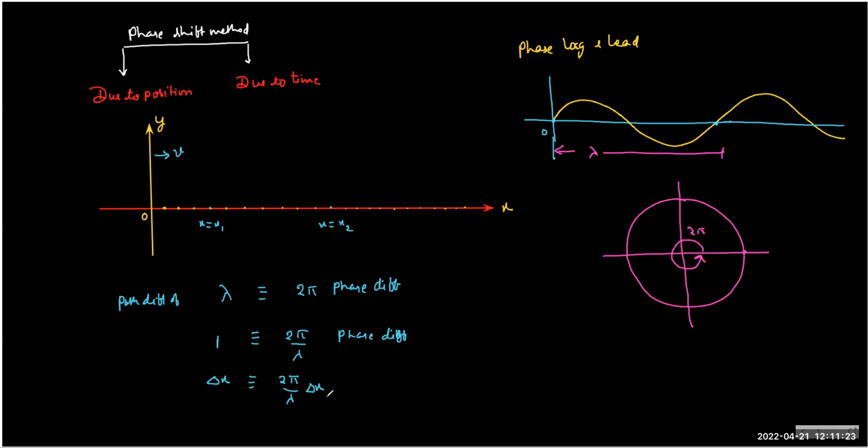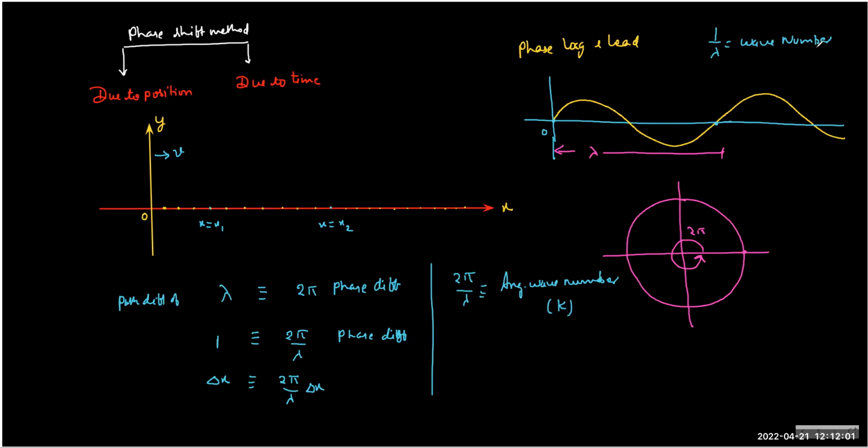Now, because of the appearance of the term 2 pi by lambda very often in this subject, many physicists thought of giving it a name, and this 2 pi by lambda is an angular analogue of the wave number. So this is called the angular wave number, and this is what we call k. If you remember from chemistry, 1 by lambda is called the wave number, which gives you the idea of the number of waves per unit length.